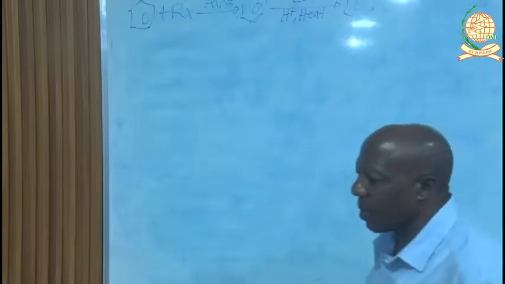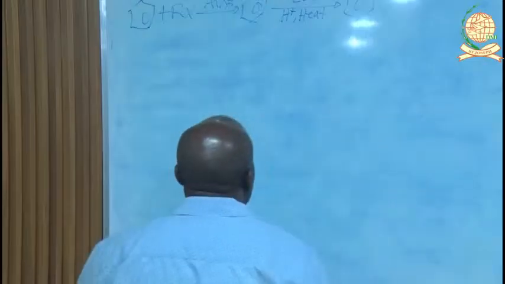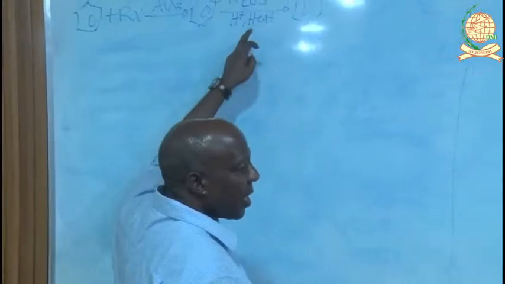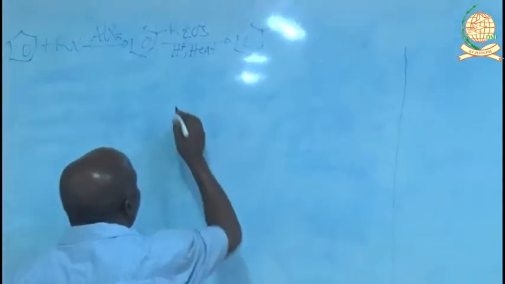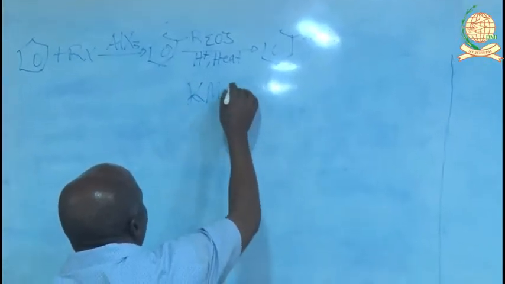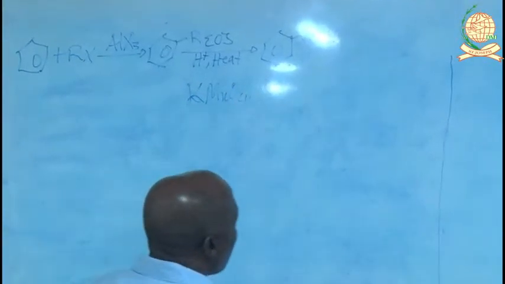It can be of any size: 1 carbon atom, 2 carbon atoms, 5 carbon atoms. When this is oxidized using an oxidizing agent like potassium permanganate, the end product will be benzoic acid and other products.